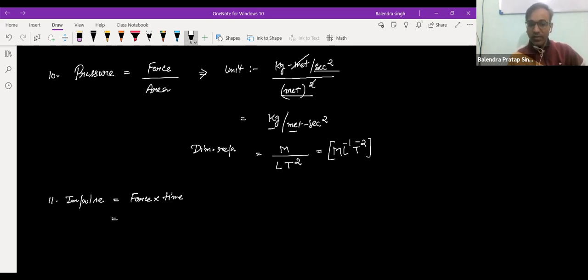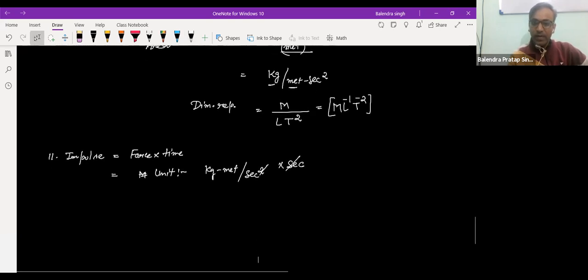We define force as having a unit kilogram meter per second square, into second. So this second cancels out.